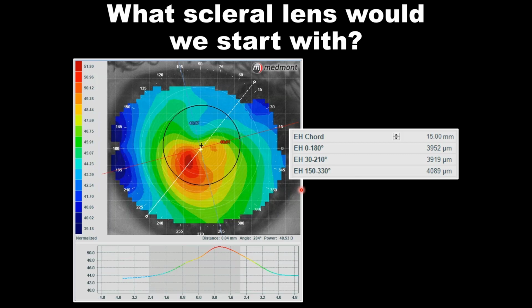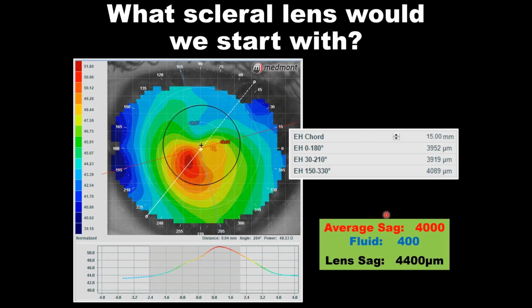Well, let's go to that EH chord attribute, and we're going to average out these 3 readings taken across 0, 180, 30 degrees, 210, and across 150, 330 degrees. So we're getting some sense of the height across the horizontal area.